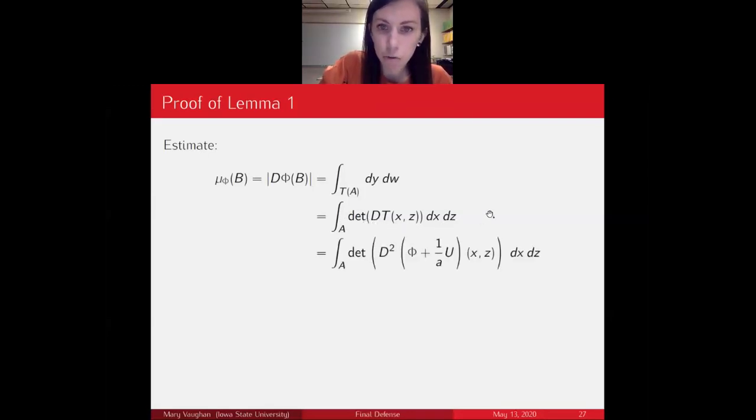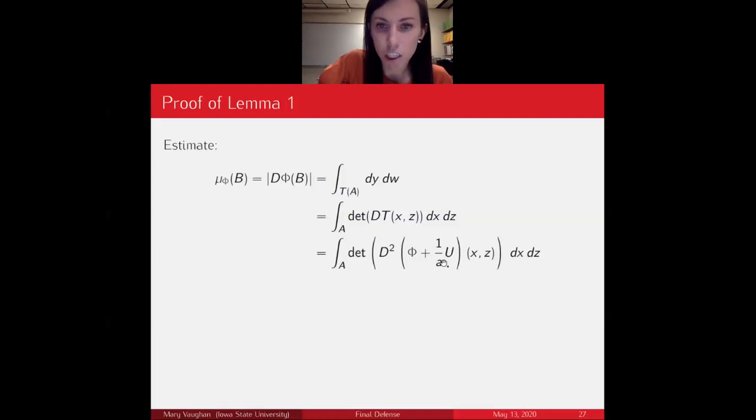And we know exactly what T is, so it's the derivative of this thing here, so we have the second derivative.